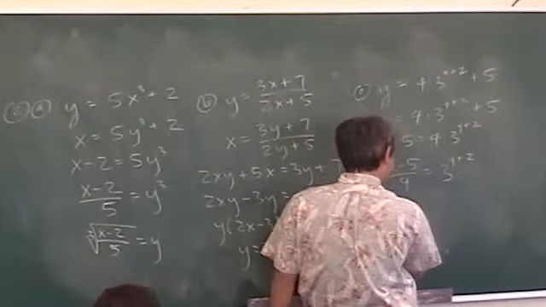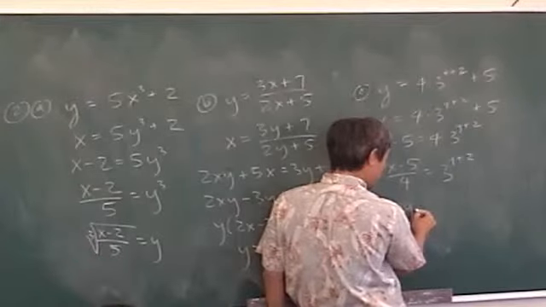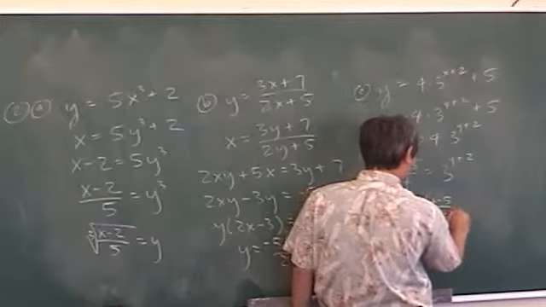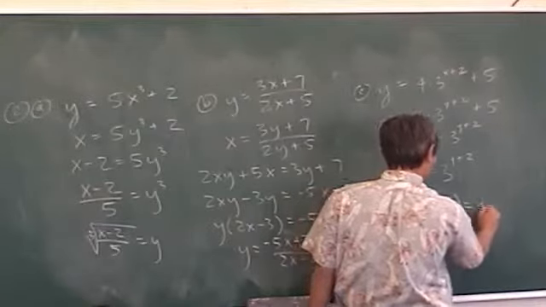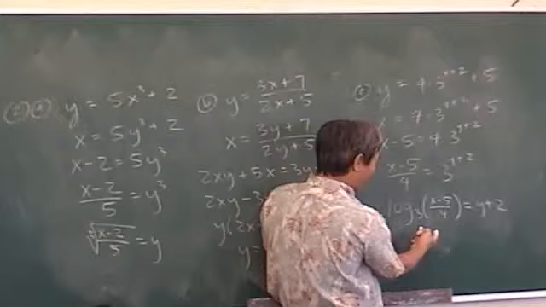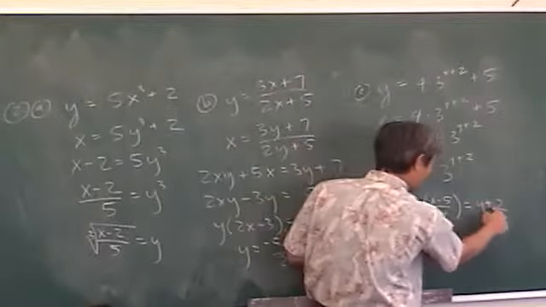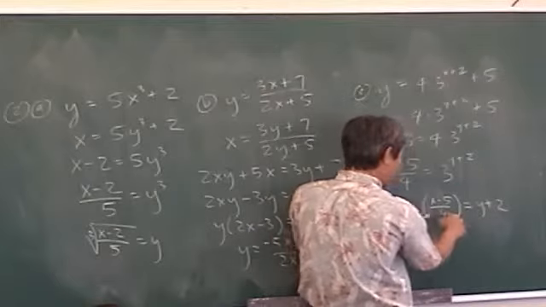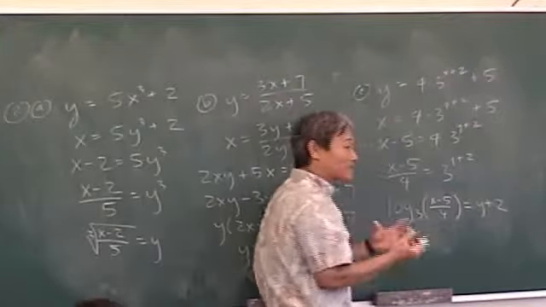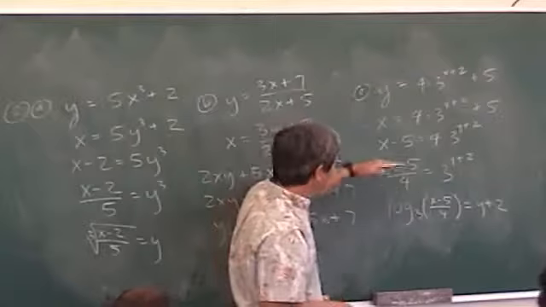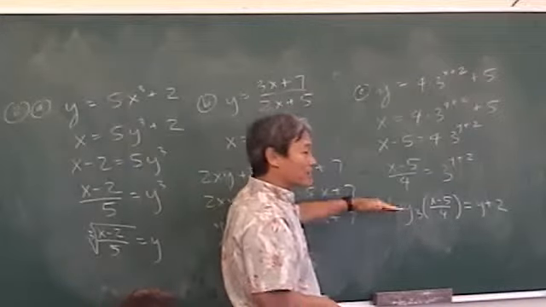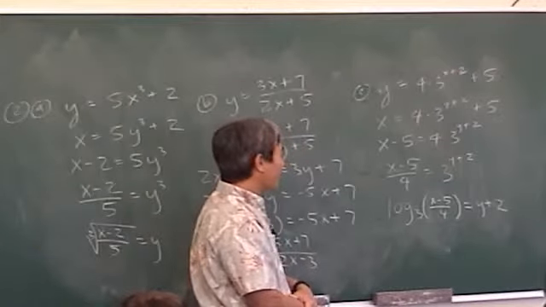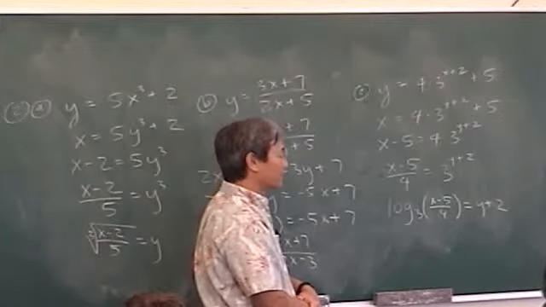This means the same thing as log base 3 of (x minus 5) over 4 is equal to y plus 2. Because remember, when you have log form, doesn't that mean 3 to the this equals this? That's the key to working with logarithms. You've got to be able to change back and forth between exponential and logarithmic forms. Could you do ln of (x minus 5) over 4 equals y plus 2? Yes, you can.